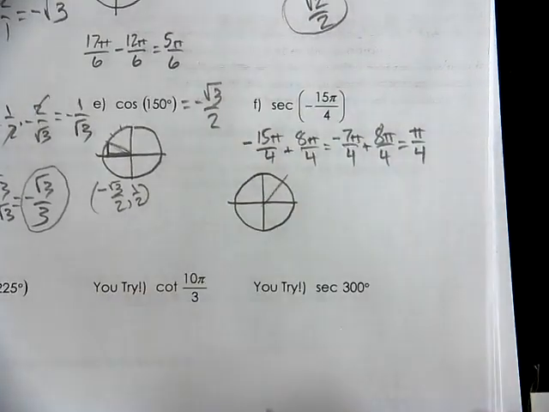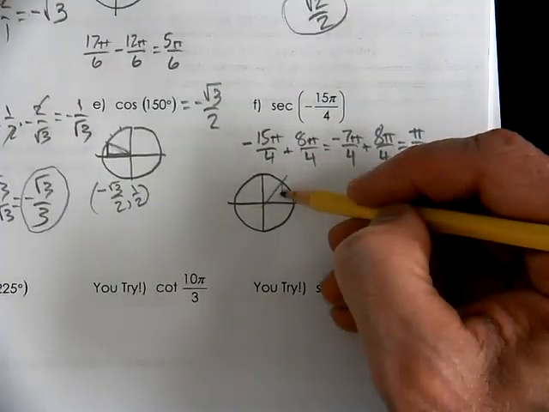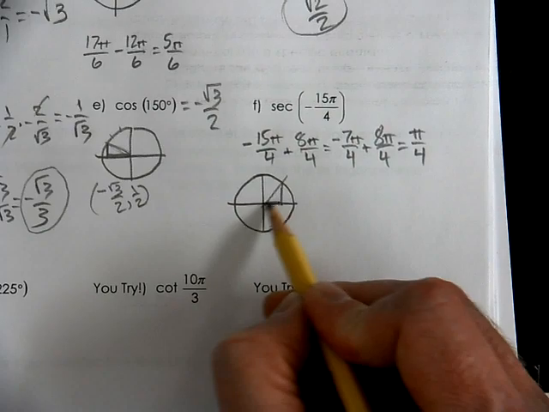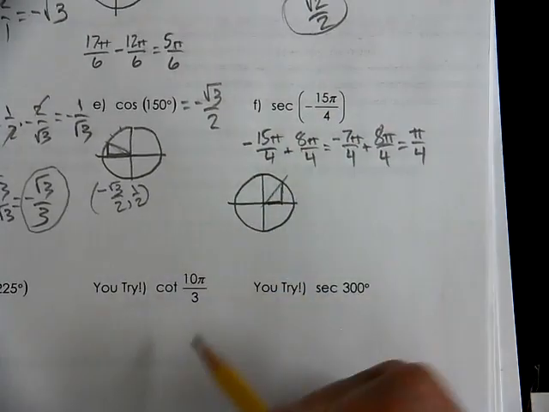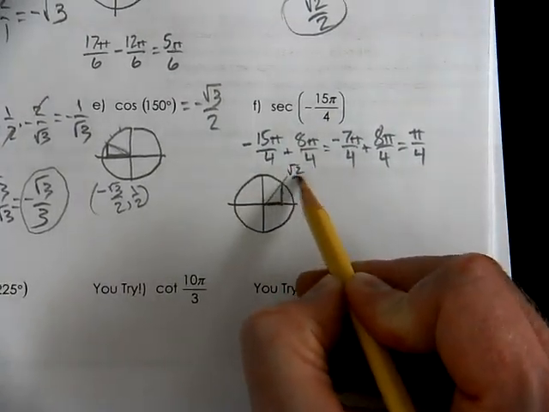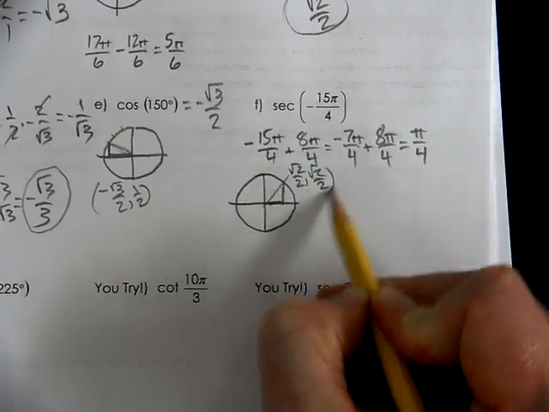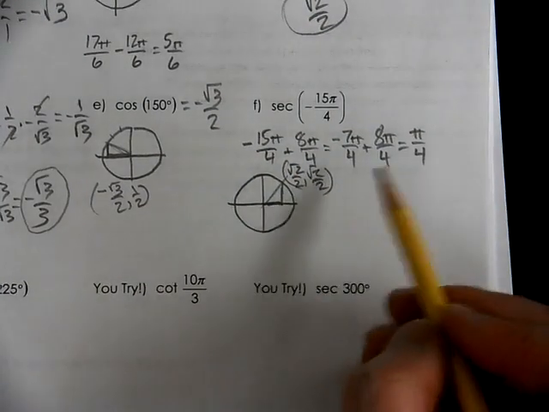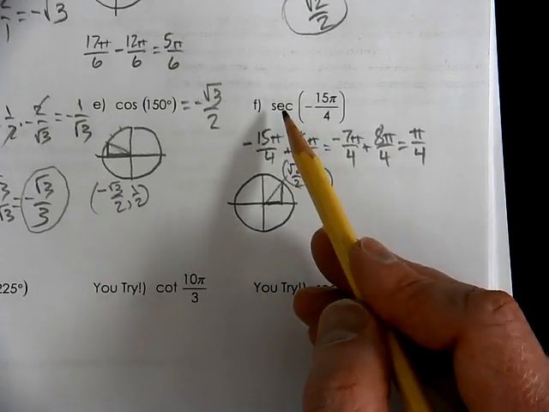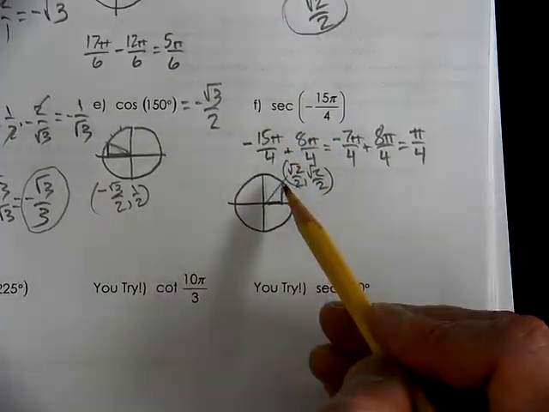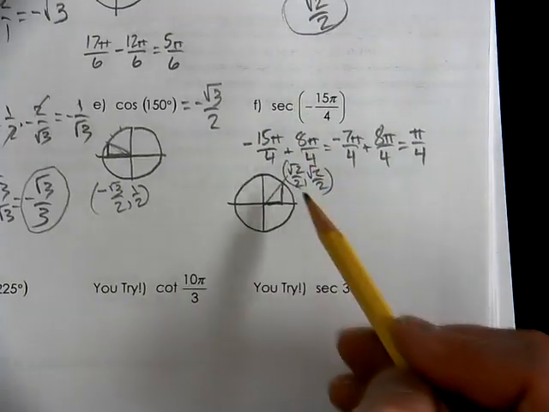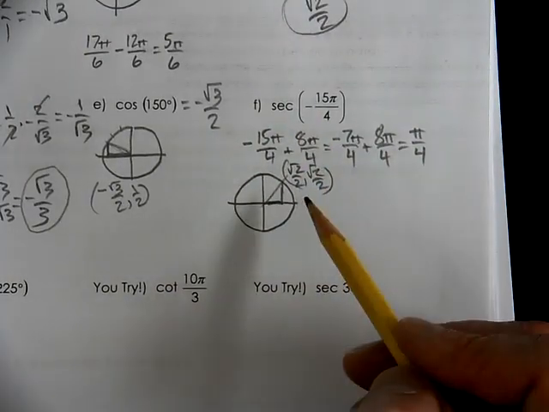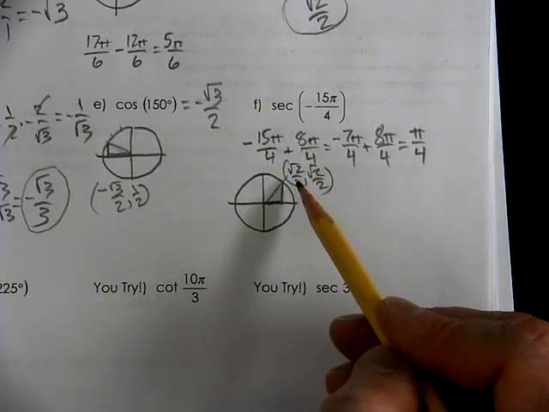That's up here at pi over 4, which is your 45-degree marker. Those two coordinates are the same. So you get root 2 over 2, root 2 over 2, x and y coordinates. So we're looking for the secant, which is the reciprocal of cosine. Well, you can mess this one up. It doesn't even matter which one you grab, but it would be the reciprocal of the x.